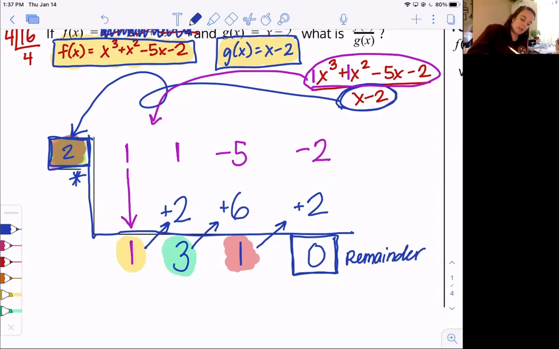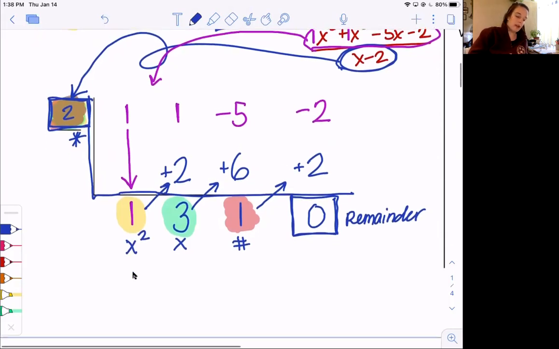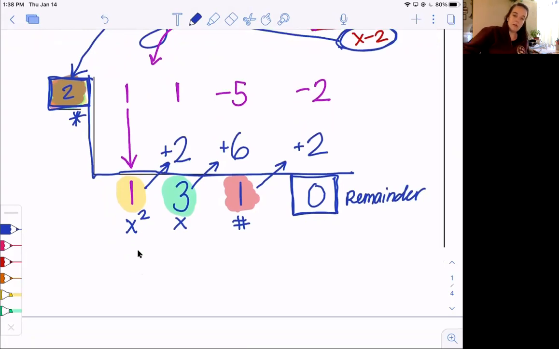The next number next to it is going to be our number that's by itself. The number next to it is going to be our x's. And the number next to that is going to be our x squared. So when I write my answer, I'm going to write 1x squared, or I can just write x squared.